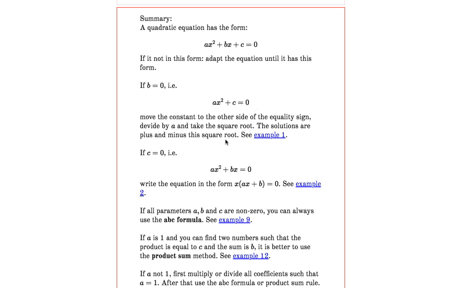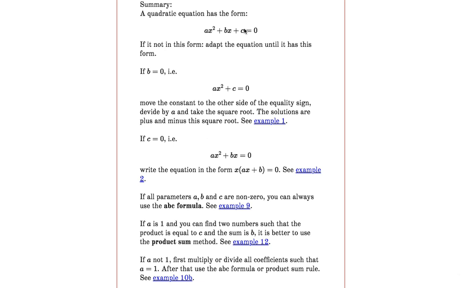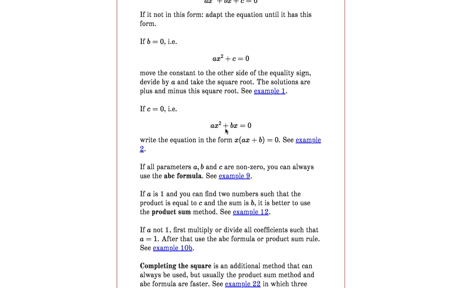That's example 1. If the constant is 0, you get this and you factor out x times (x plus b), and then x is 0 or this is 0, which is a linear equation.